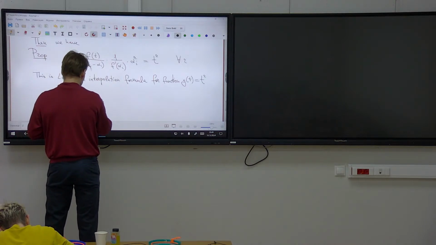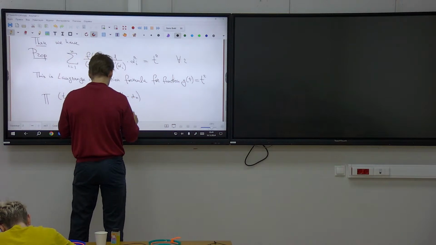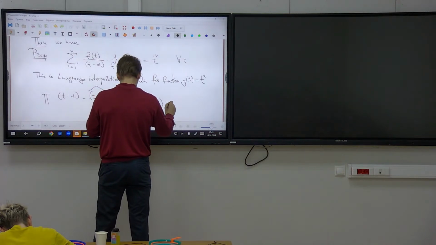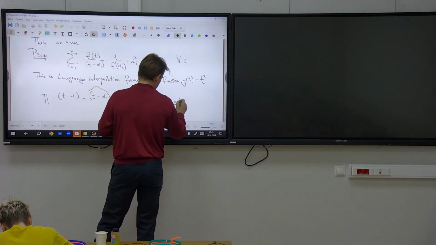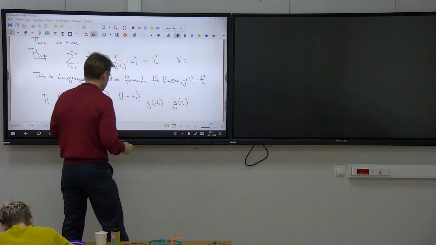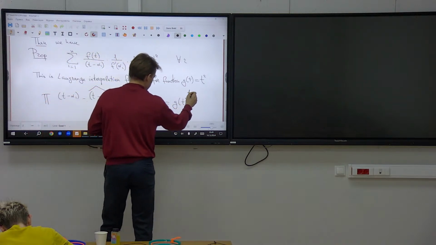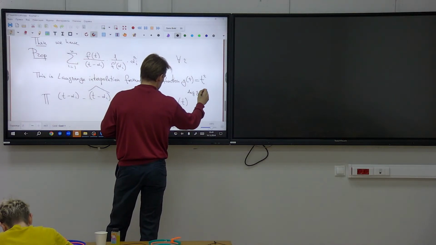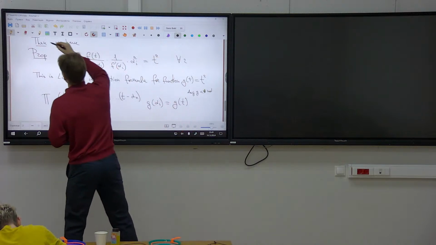So you get rid of t minus alpha i upstairs, and multiply by the value of the function. If g of t is a polynomial of degree less than the number of points, so less than n. Yeah?